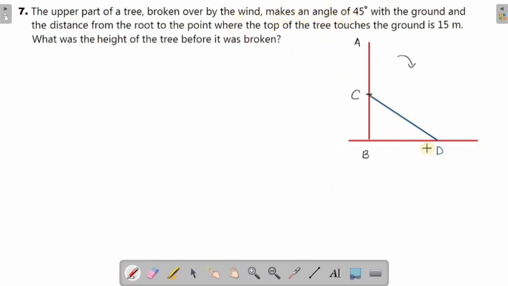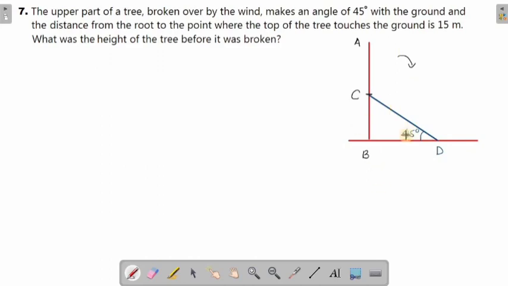So the upper part is A, and this A goes to point D, isn't it? So basically this upper part, that is CD, makes an angle of 45 degree with the ground. That's what the question says. So that means this is my angle 45 degree.